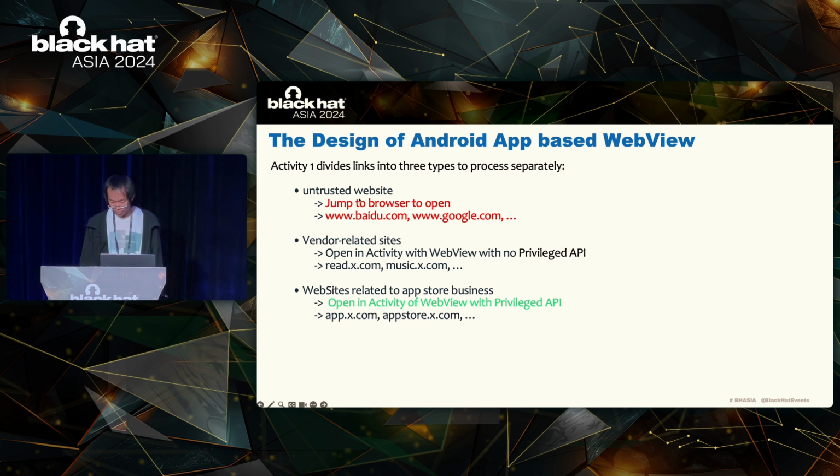Untrusted websites: it will jump to the browser to open them. Vendor-related sites: it will open in an activity with a WebView with no privileged application interface. And finally, websites related to App Store business: it will open in an activity with a WebView with a privileged application interface.